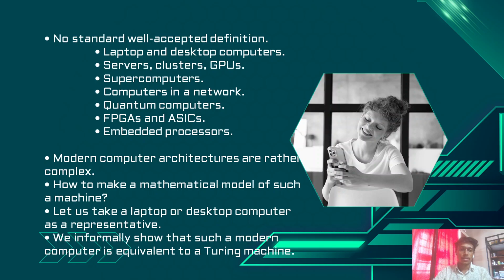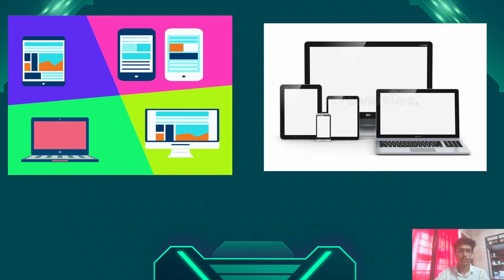Modern computer architectures are rather complex. How to make a mathematical model of such a machine? Let us take a laptop or desktop computer as a representative, and we will show that such a modern computer is equivalent to a Turing machine. Okay, so these are all modern computer devices.